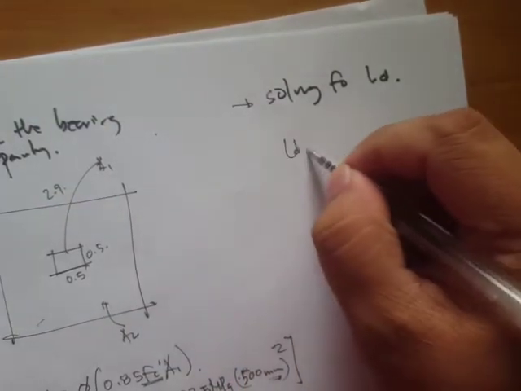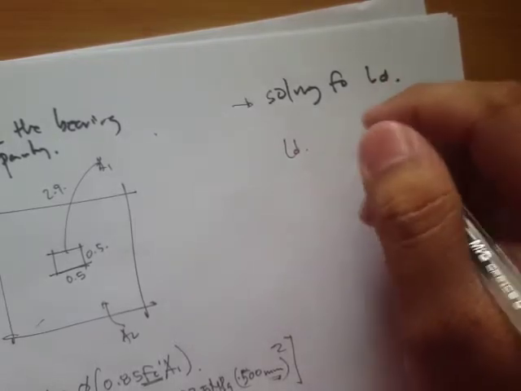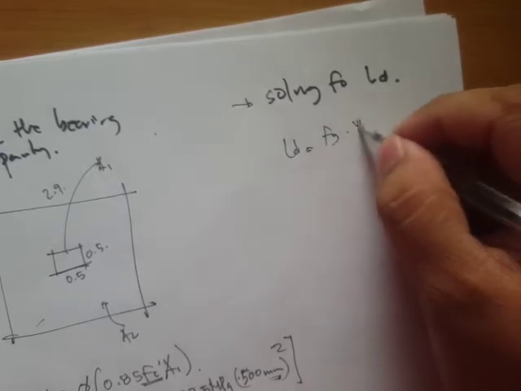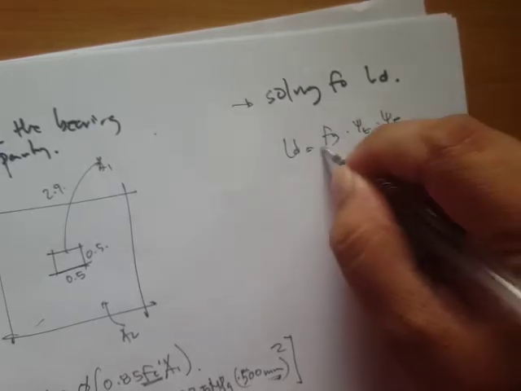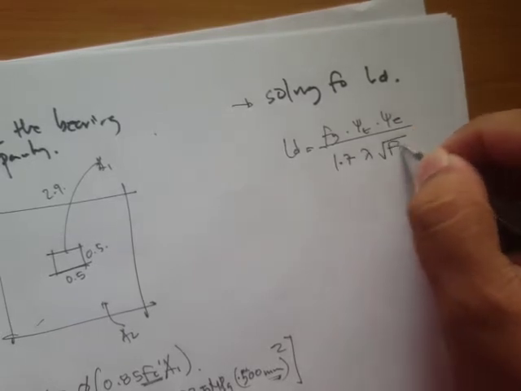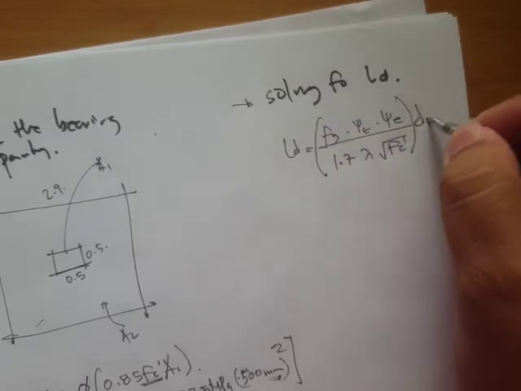Since this is 25 mm bars and larger, our equation would be Fy times psi of t times psi of e divided by 1.7 lambda times square root of Fc prime, and this is the bar diameter.